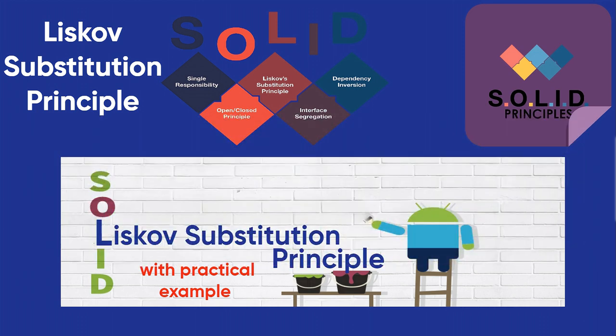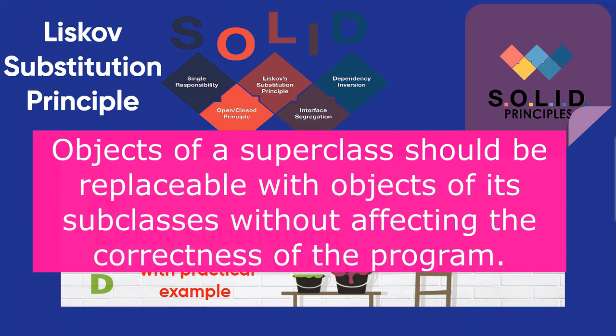This means that objects of a superclass should be replaceable with objects of its subclasses without affecting the correctness of the program. In other words, a subclass should be able to substitute its superclass without altering or changing the existing properties of the system.